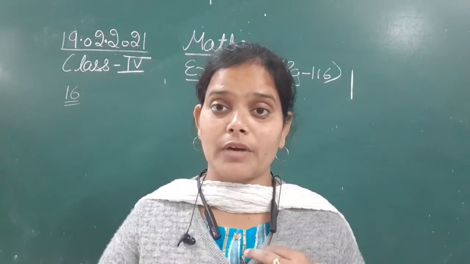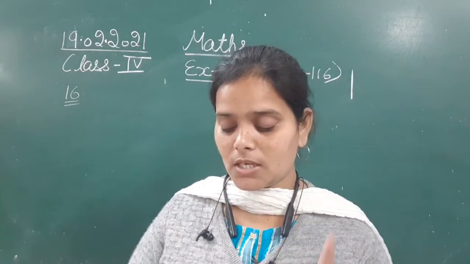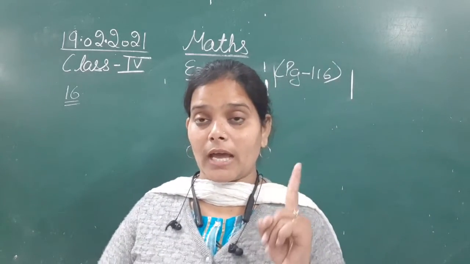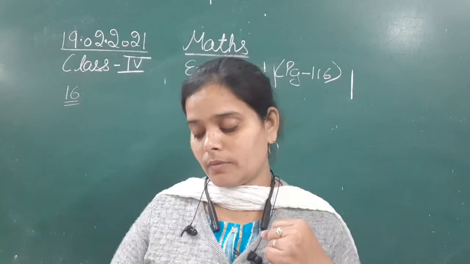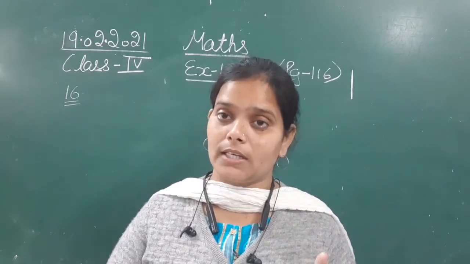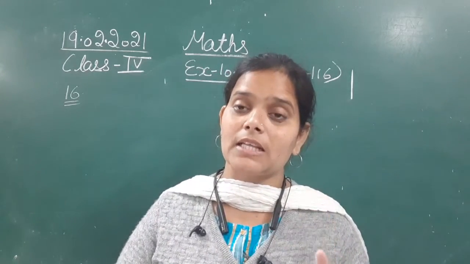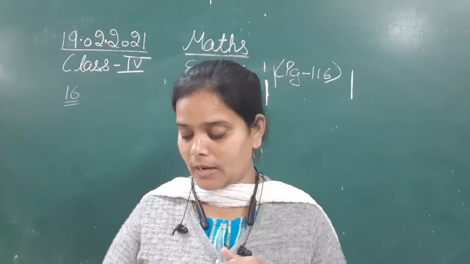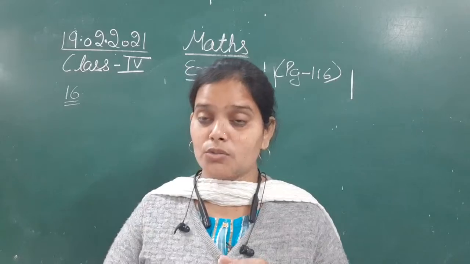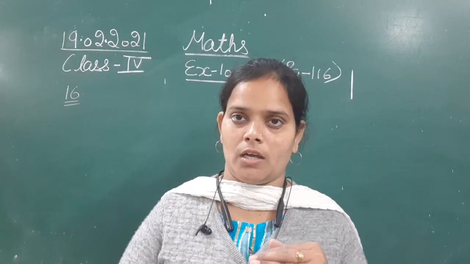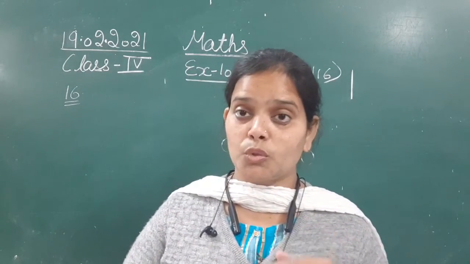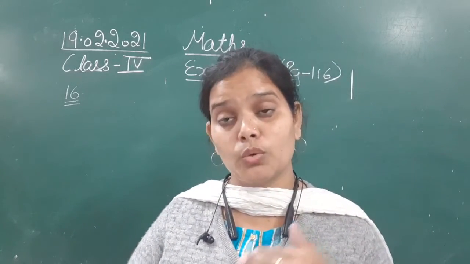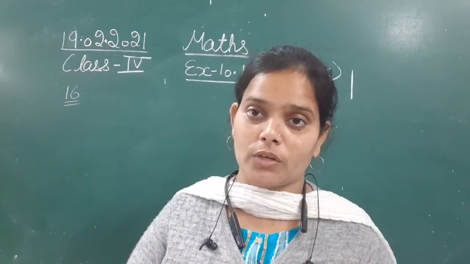So now we need to find out their total weight. हमें इनका total weight निकालना है. For finding their total weight we must know the weight of Vimal. तो total weight निकालने के लिए पहले हमें विमल का weight तो पता होना चाहिए.